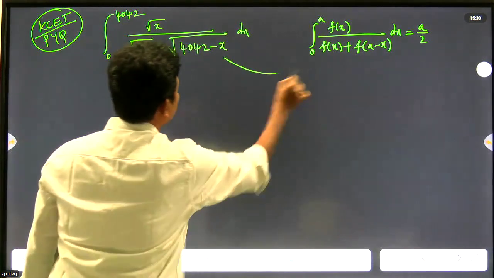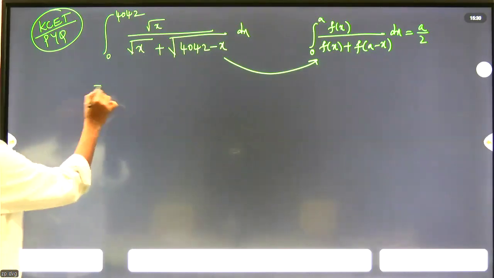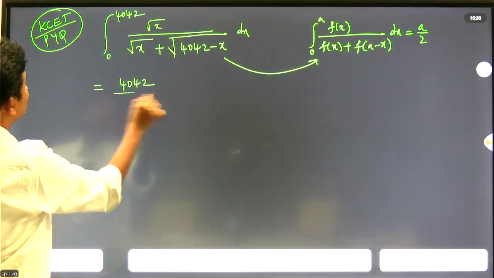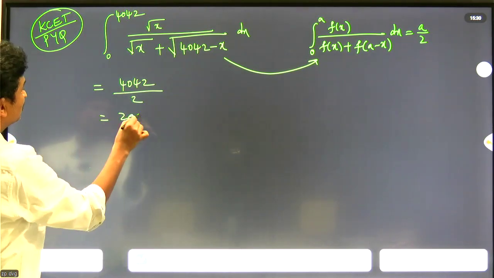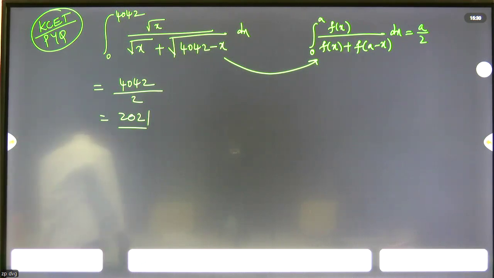This you can easily compare. This is of this form. It is easy compared to the last problem, right? What is its answer? A by 2. A is 4042 divided by 2. Its answer is 2021. Right?